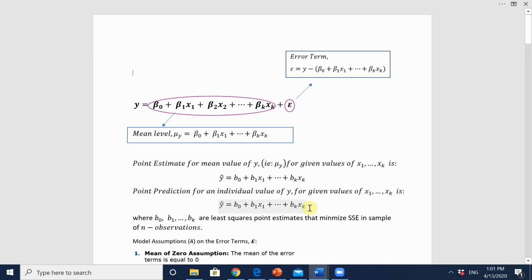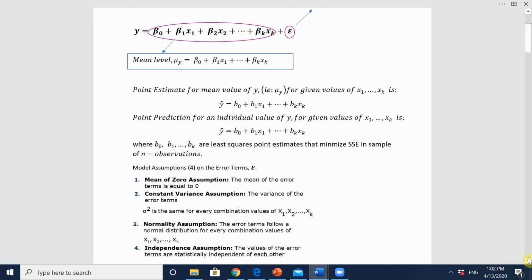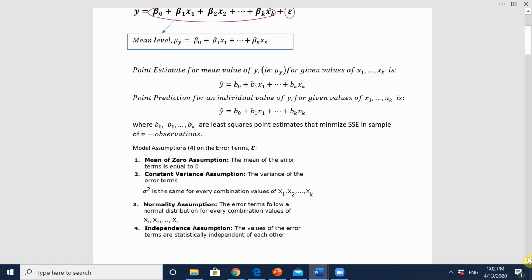Well, the reason is that if we follow here the four model assumptions on the error terms, so let me just scroll down here and let's quickly review what these four model assumptions are. This was seen in simple linear regression. So here we are. It is again the same assumptions that we have seen. It is now extended to multiple regression.